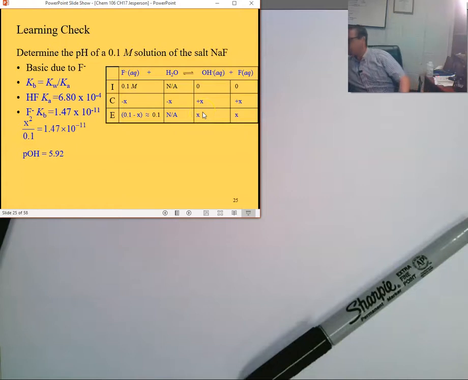Negative log of the hydroxide ion concentration is our pOH, 14 minus that will be our pH. So if you make a solution of 0.1 molar sodium fluoride, it will have a pH of 8.08.